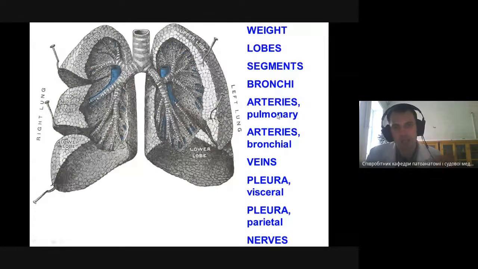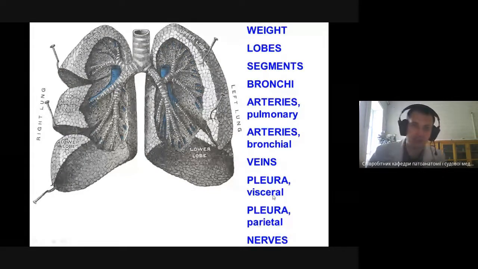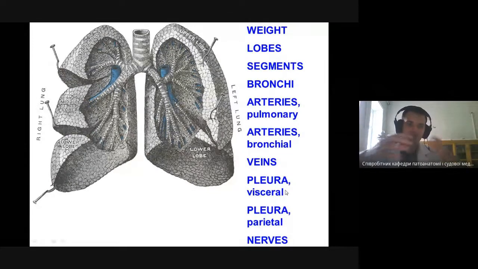Arteries, pulmonary artery goes with bronchi. Bronchial arteries, veins, you see they are shown there with blue color. Visceral pleura on the surface of lung tissue, and the parietal one lining the chest cavity.